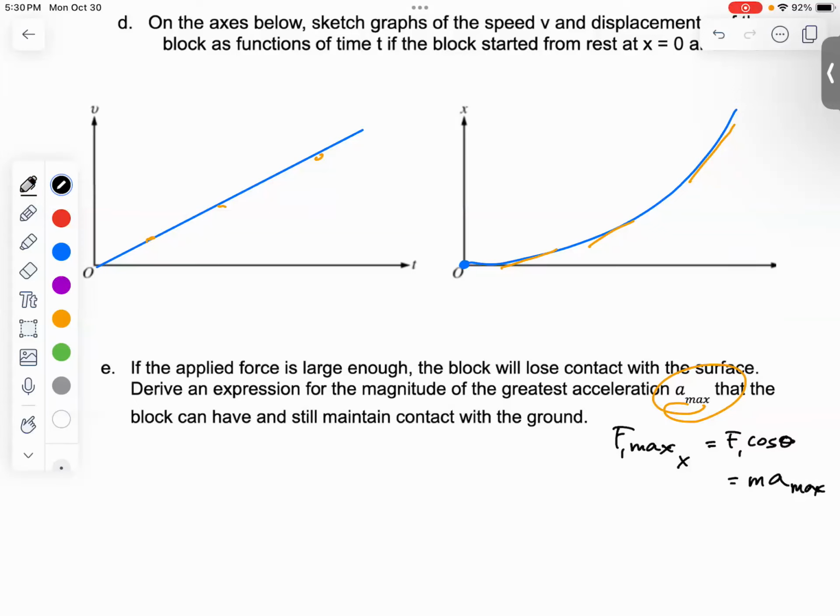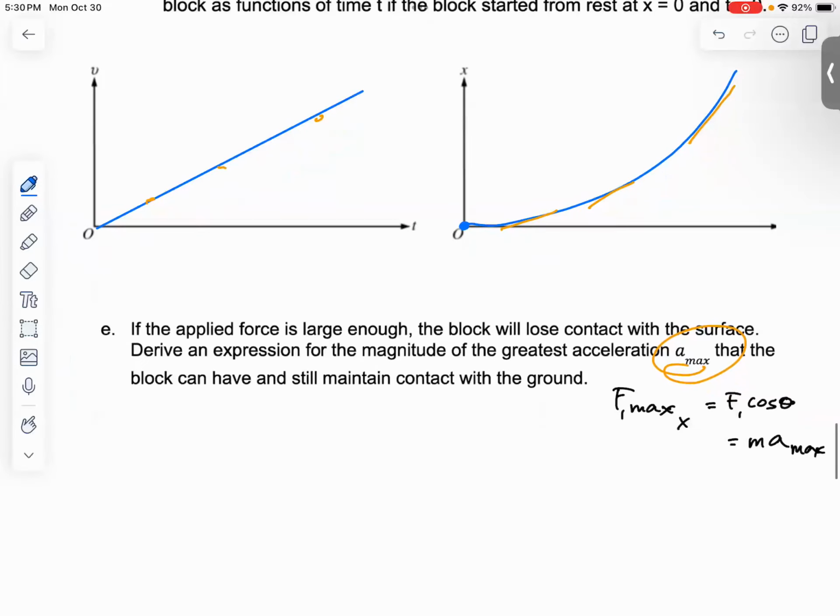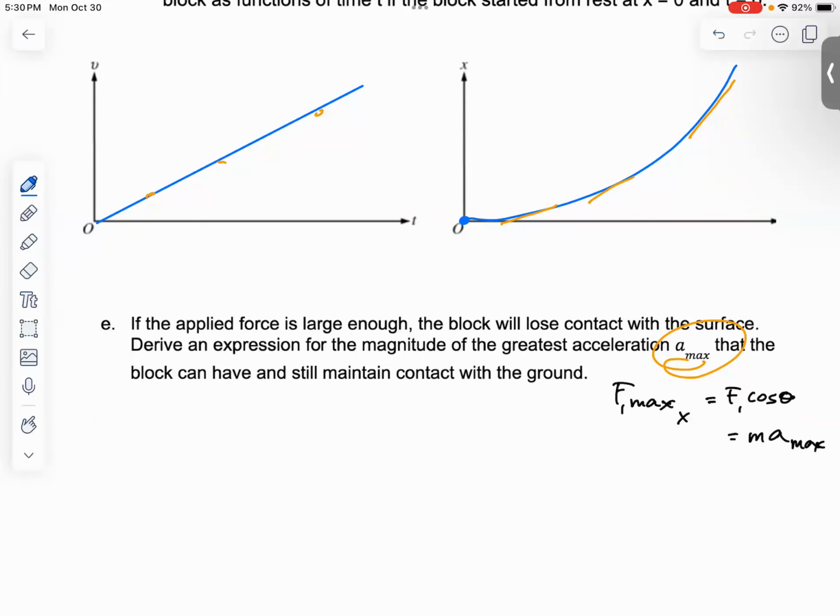So we have the equation over there. So F max is going to be m times a max, right? Now, in order to lift it off the ground, that means the applied force in the y direction would have to be great enough to overcome the weight of the box, right?